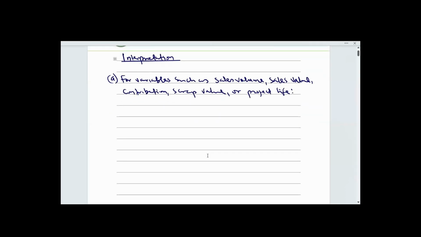When you have any of these variables, how do you interpret?